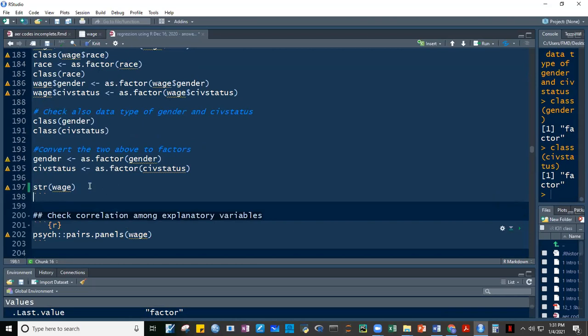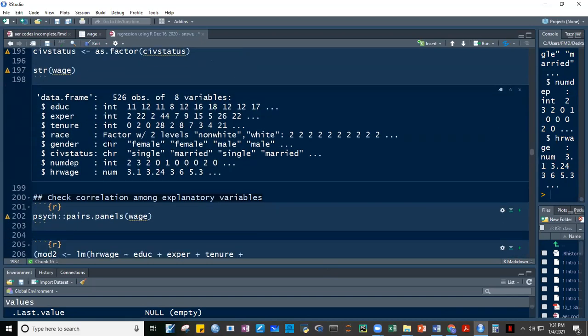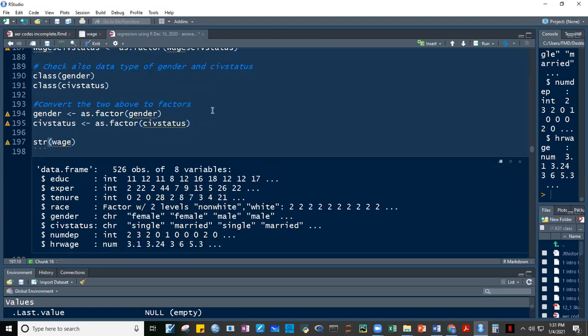Check natin structure ni wage. Ayan, okay? So si race, factor with 2. Oops, bakit si gender, na-convert na natin?